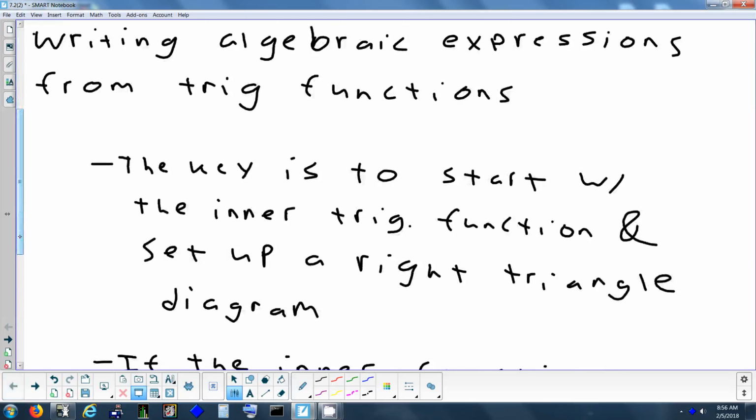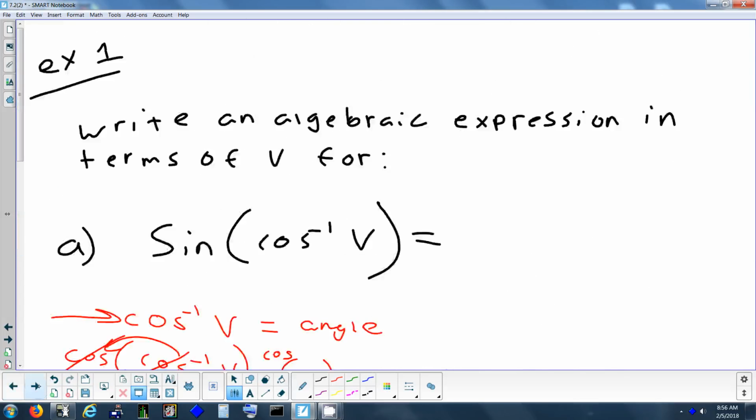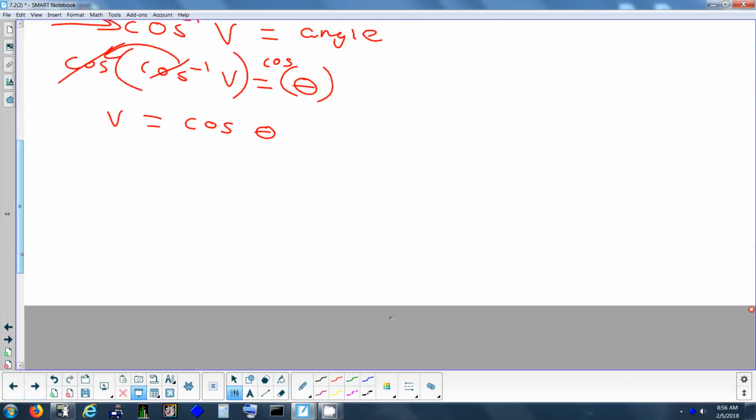Now, we're going to set up a right triangle diagram. And the diagram is going to represent what we have written right there. Doesn't matter where you put theta. You can put it wherever you want. But now that I put it there, I have to label two of the sides.